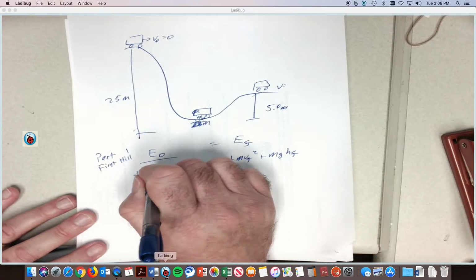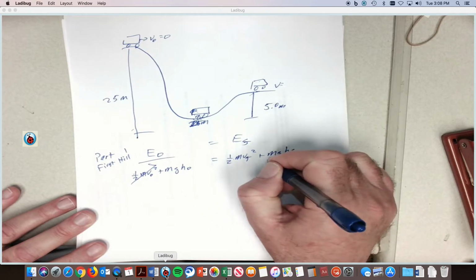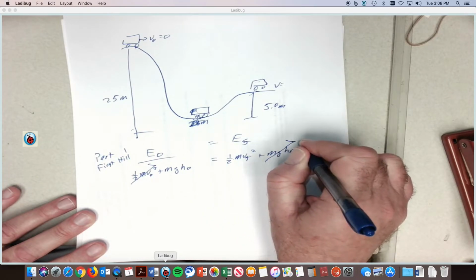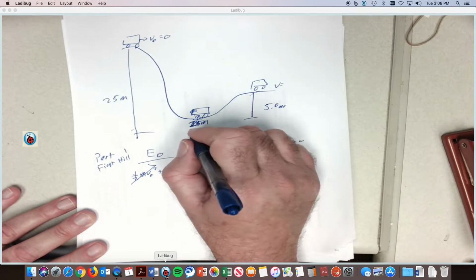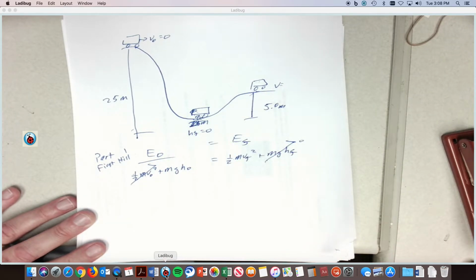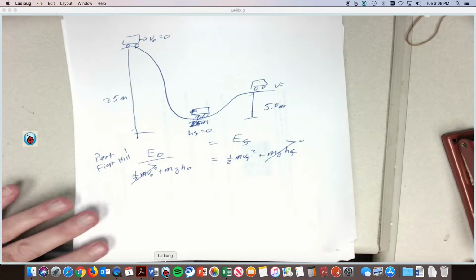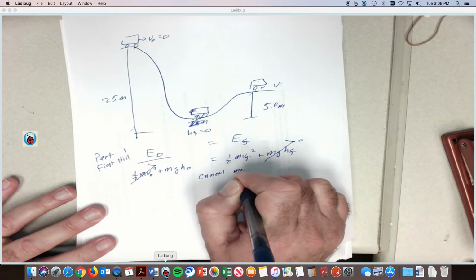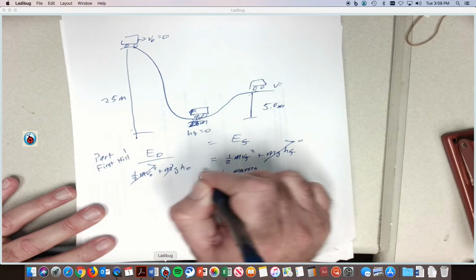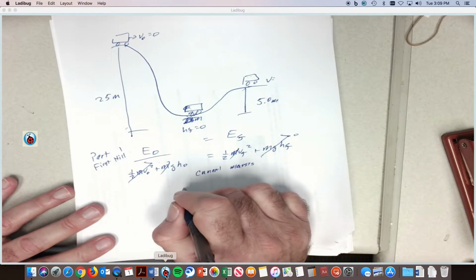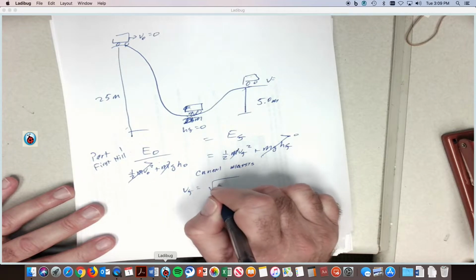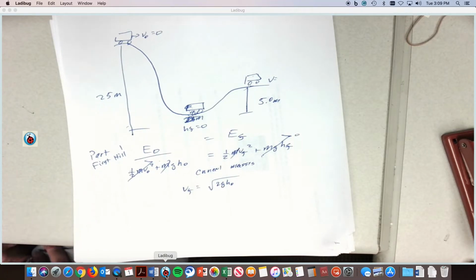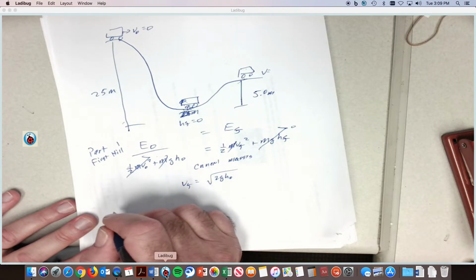So the initial velocity here is 0, and the final gravitational potential energy when h final is equal to 0 is 0. So we cancel the masses, and look what we've got: v final is equal to the square root of 2gh again. That's its v final at the bottom of the 25-meter hill. Now, part 2. Up the next hill.